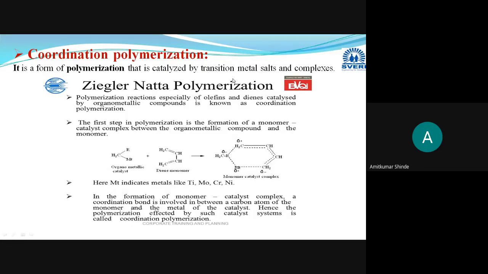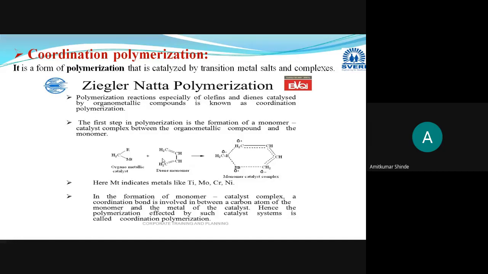You can explain it in one sentence: the polymerization which occurs when we add a catalyst or accelerator, and that catalyst may be in the form of a metal salt. Due to the addition of that metal salt, it will trigger or start the polymerization process, and we will get the polymer. This process will be termed coordination polymerization.